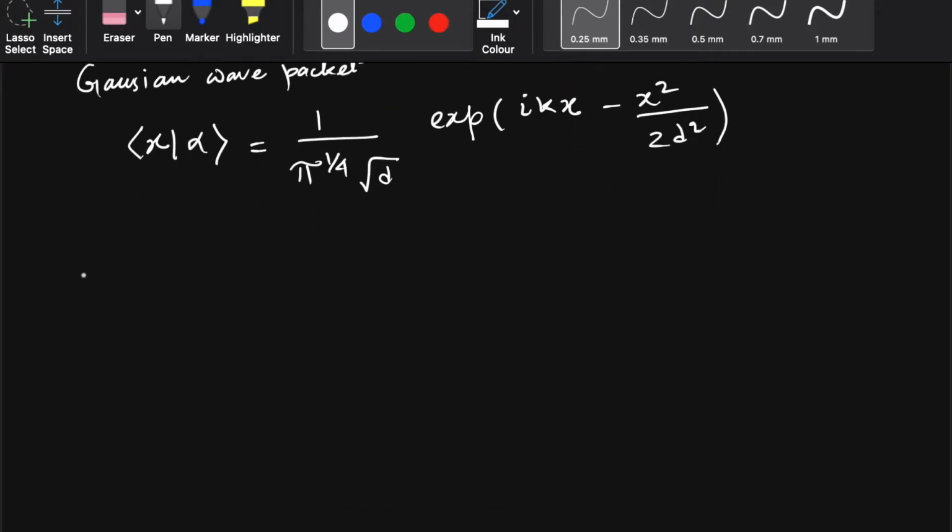Now let us calculate. In this state alpha, what will be the value of the expectation of the momentum operator? That will be <alpha|p|alpha>.